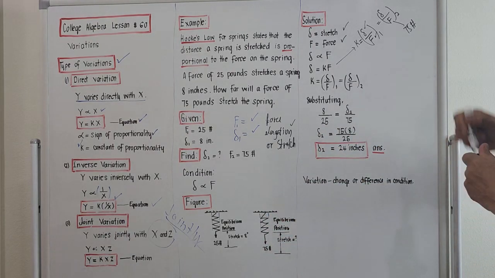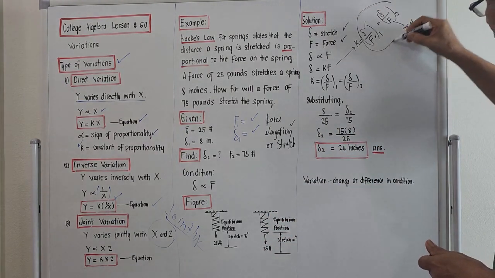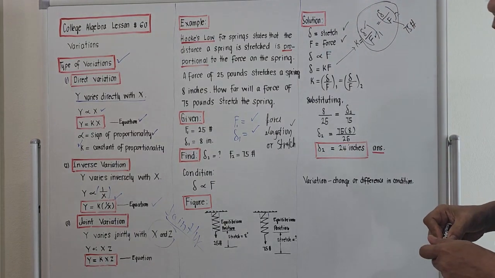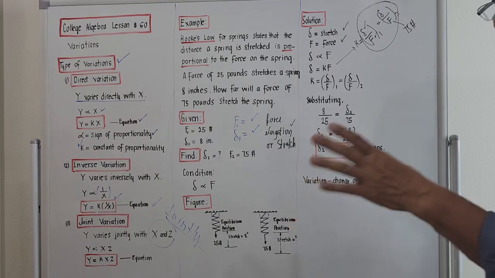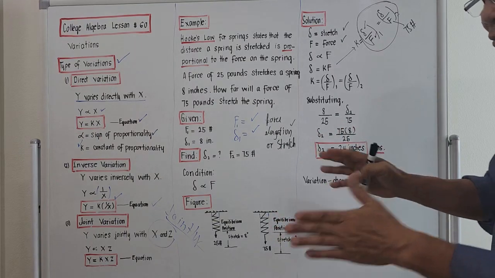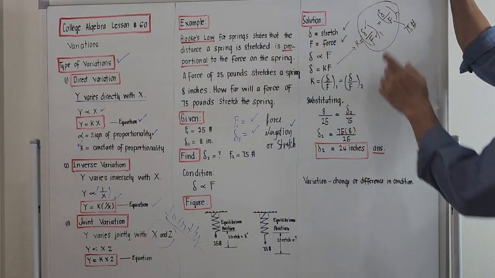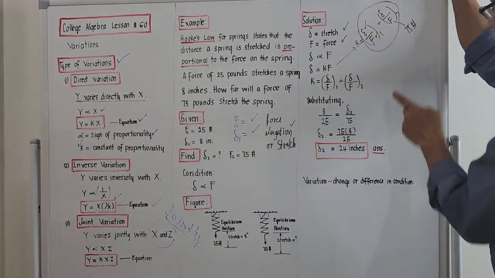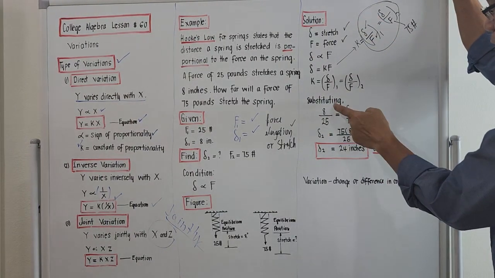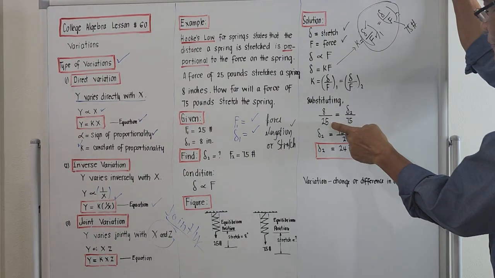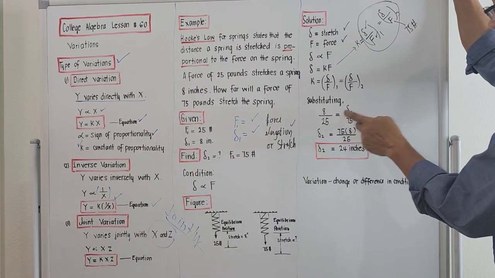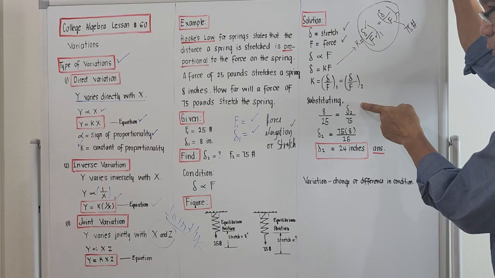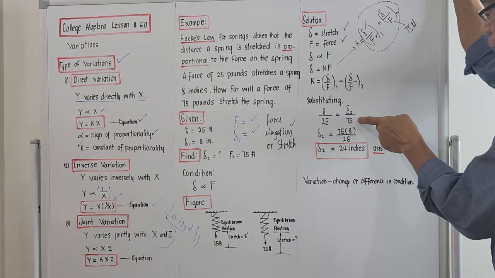Using the direct variation concept, we substitute values into this equation. Delta 1 is 8 inches, force number 1 is 25 pounds, and this should be equal to delta 2, the new elongation we are looking for, if the applied force is 75 pounds.